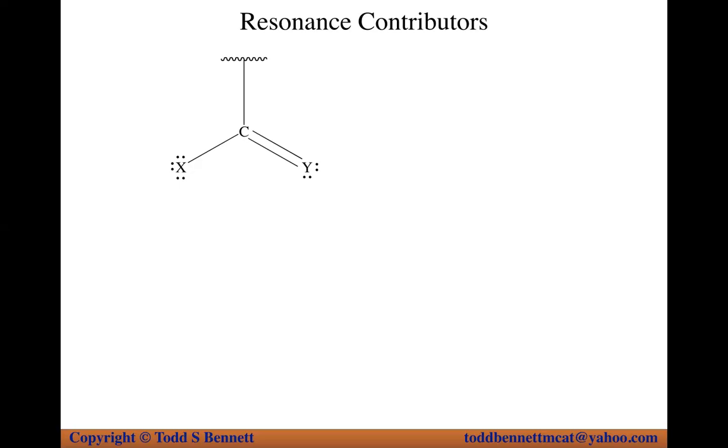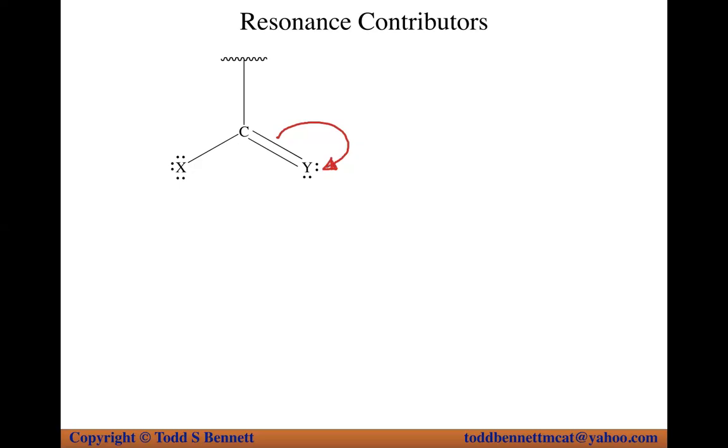I emphasized last time that lone pairs can become pi bonds and pi bonds can become lone pairs, meaning lone pairs will donate in, generally speaking, and pi bonds will withdraw out. So if I have this structure here, and X and Y represent any two atoms, just two random elements, this pi bond here can break.